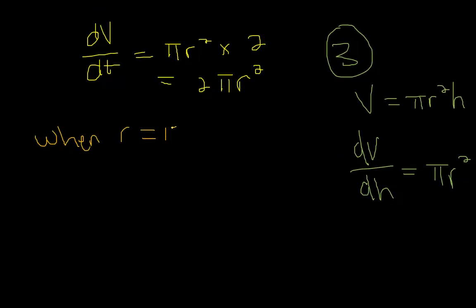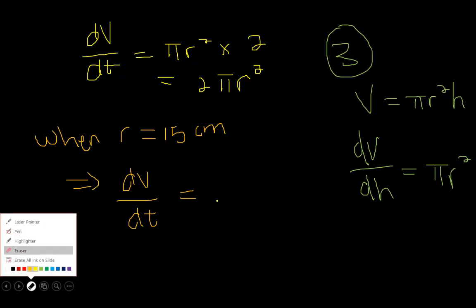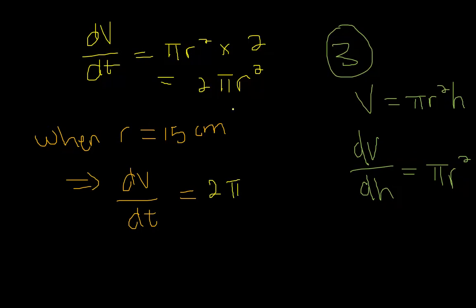When r is equal to 15 centimeters, then dV/dt has to be equal to 2 pi, replace the r with 15 squared. 15 squared is 225, and then 225 times 2 is 450. 450 pi. Don't forget your units, cm³ per second.